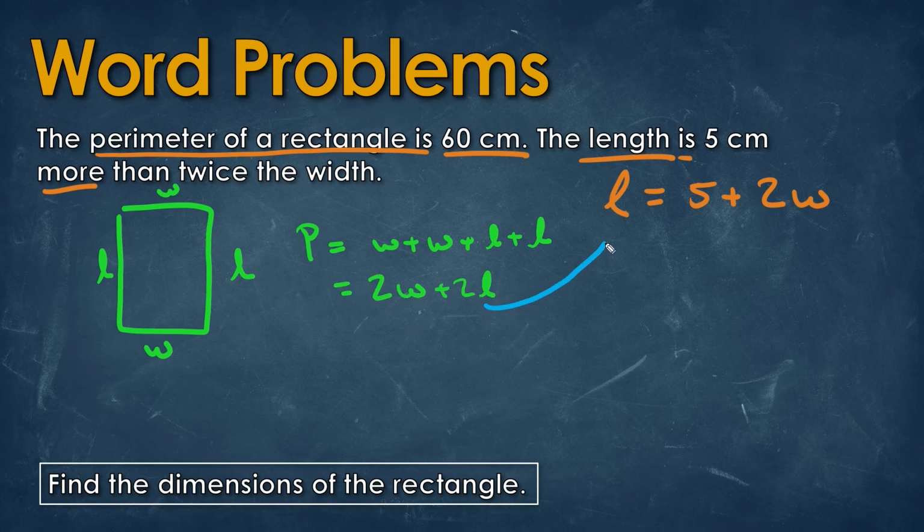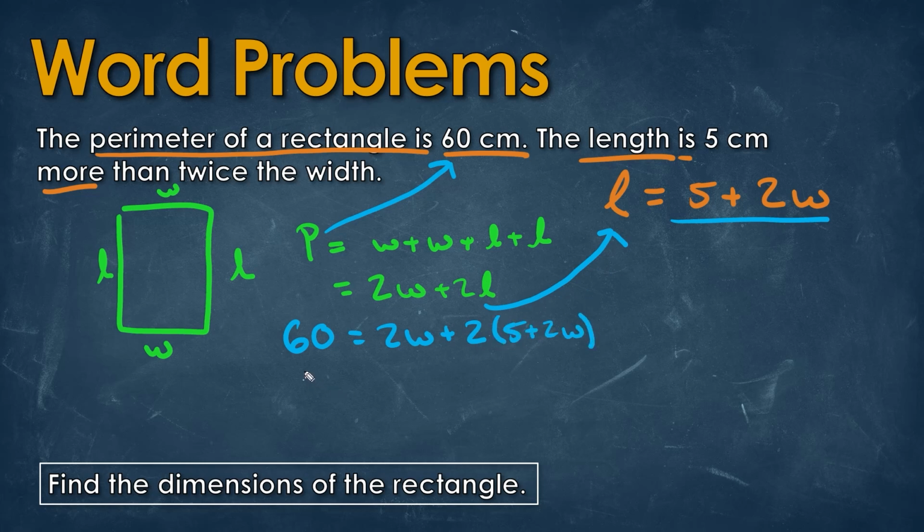Now we're given that the length is the same as 5 plus 2w, and we can plug that into our equation. And we know that the perimeter is equal to 60. So we can write 60 is equal to 2w plus 2 times 5 plus 2w.